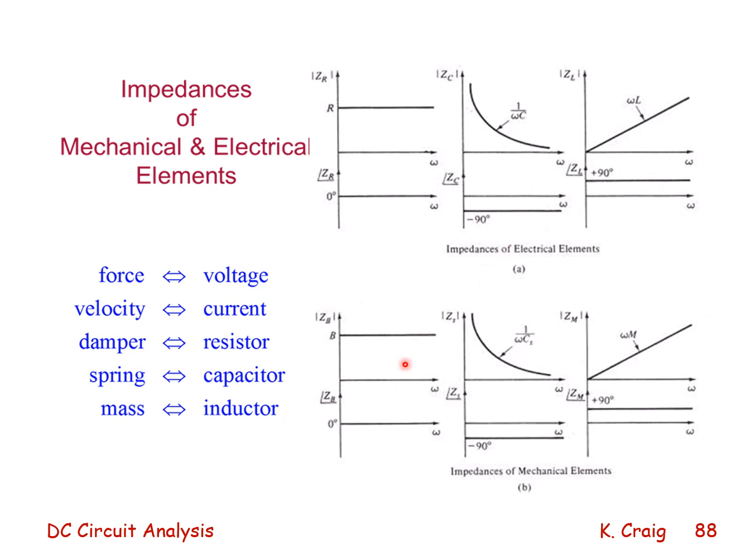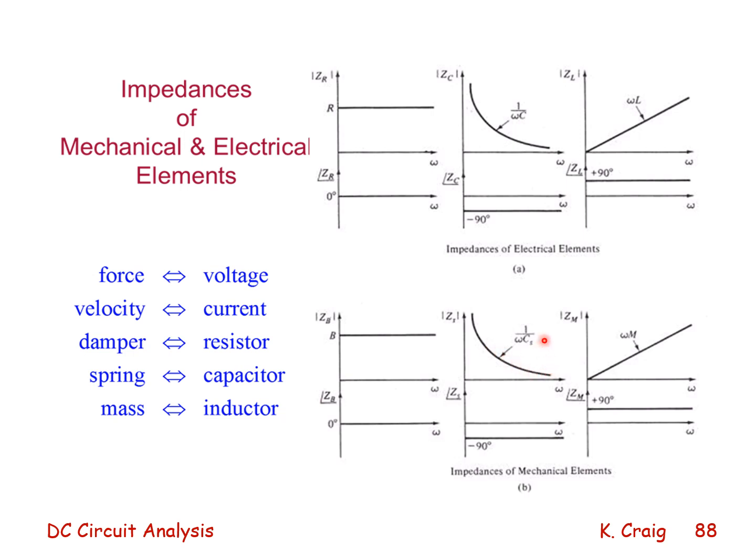For mechanical elements, where impedance is now force over velocity, for a damper, the impedance is a constant B with 0 phase angle. For a spring, a compliant element, we see that the impedance decreases nonlinearly with frequency.